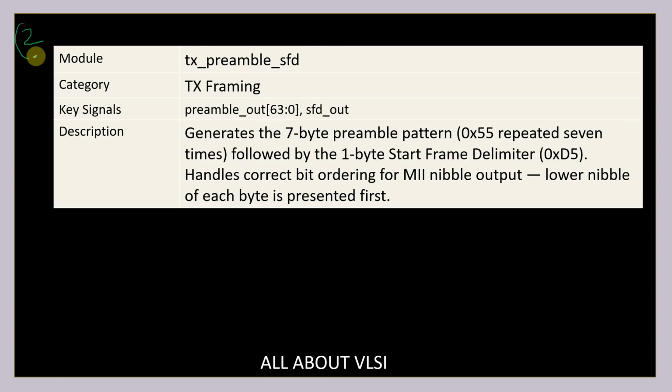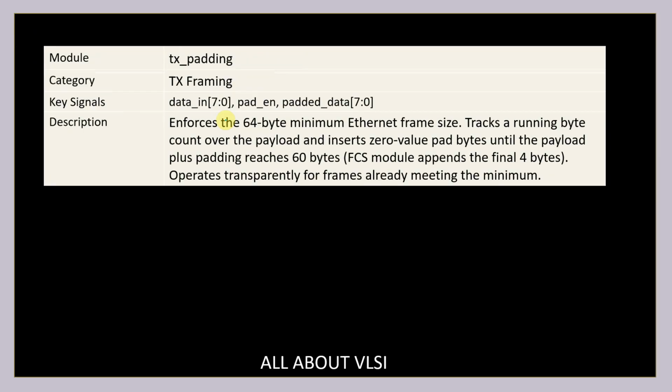And after that, we are going to have another module. This is the second module which we are going to develop, which is TX preamble. What we mean by preamble and all, we have discussed when we were discussing the Ethernet frame format. If you haven't watched those videos, I recommend you go through them once. And next is padding. This is the third module, TX padding.